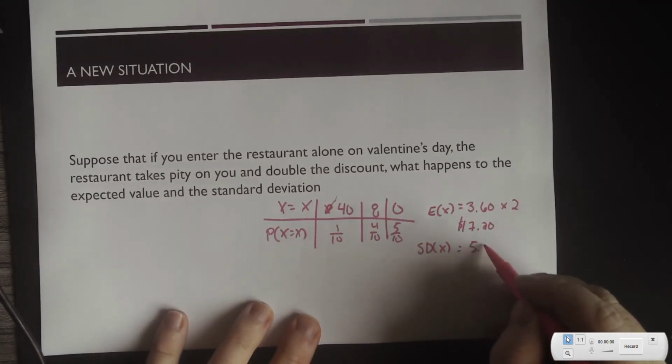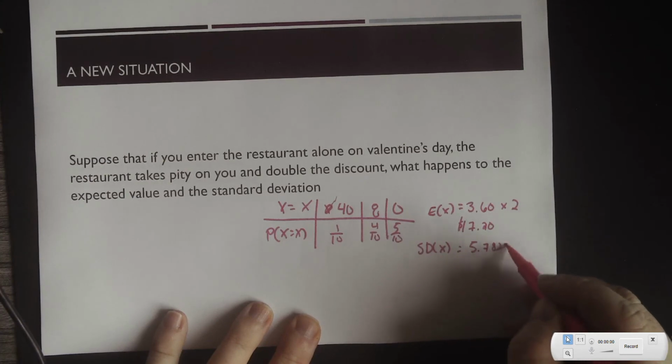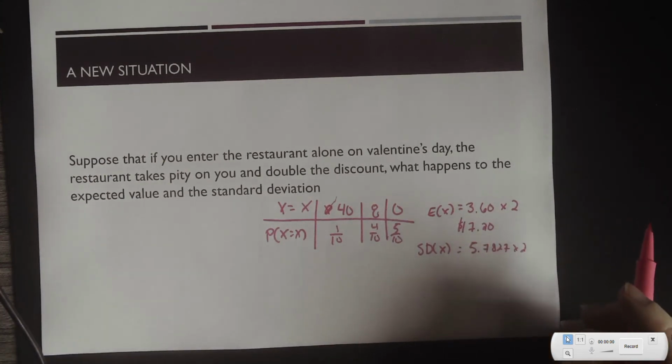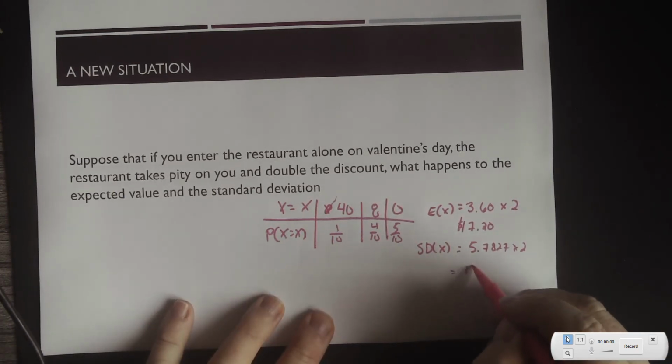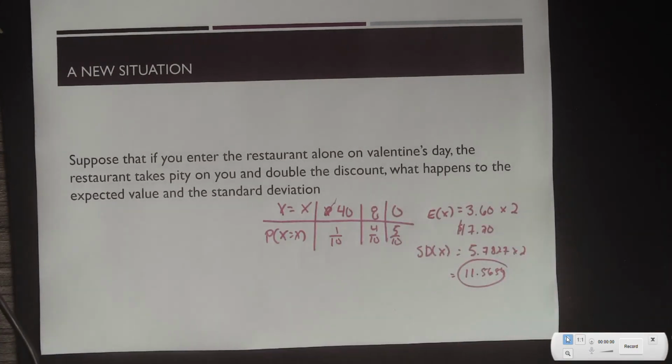I'm just going to multiply that by 2. And so that's going to give me 11.5654. So my expected value and my standard deviation are both going to double when I double all the numbers.